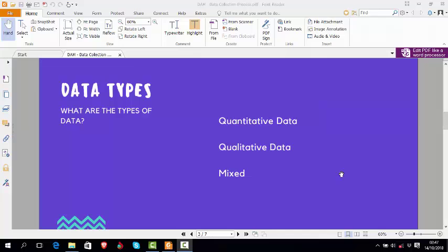And the collection techniques for this quantitative type of data, in most cases, are surveys and questionnaires. So quantifiable data like this, the way we can collect them is through surveys and questionnaires.